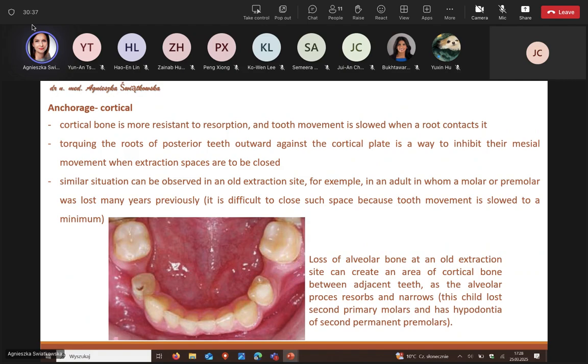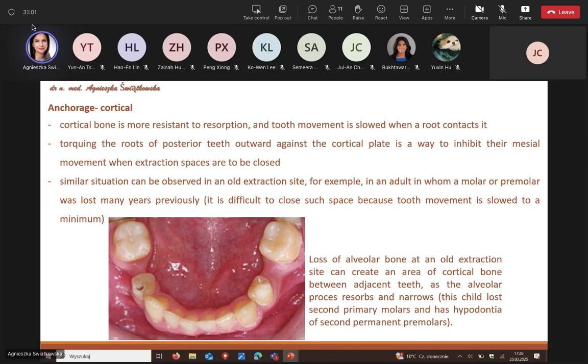In this situation, in our arch, it could be difficult to close this kind of space, because what we usually observe in this kind of situation is that for this tooth we don't observe bodily movement, translation, but tipping.